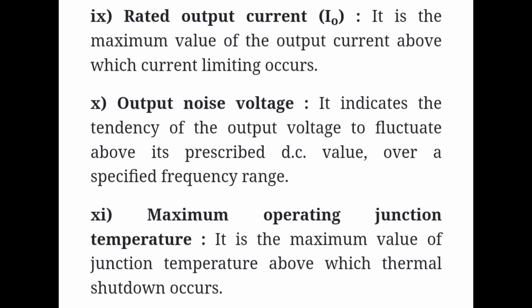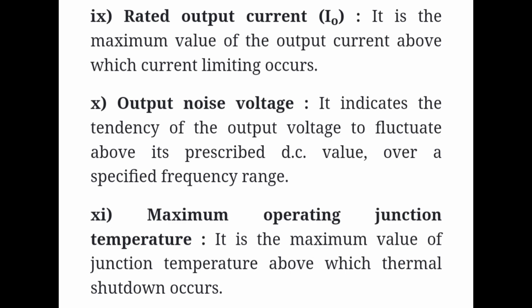Output noise voltage. It indicates the tendency of the output voltage to fluctuate above its prescribed DC value over a specified frequency range. Next one, maximum operating junction temperature. It is the maximum value of junction temperature above which the thermal shutdown occurs.